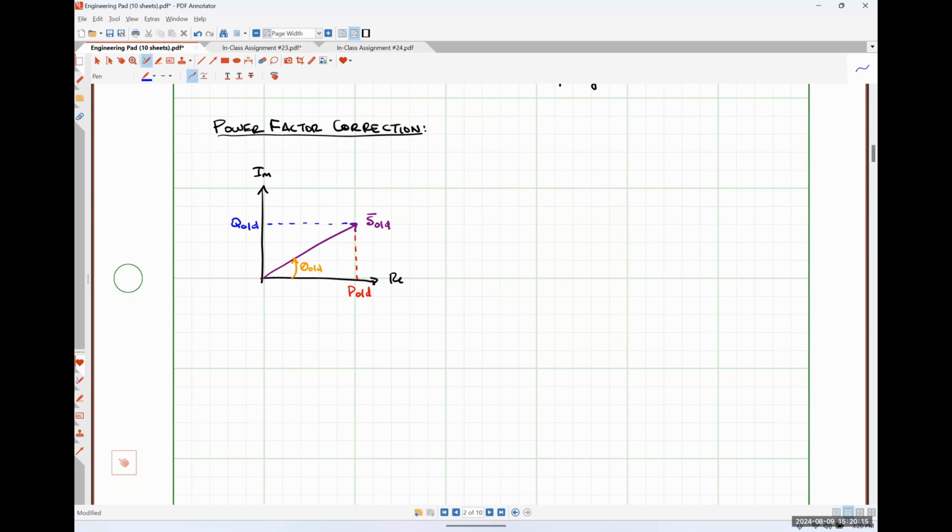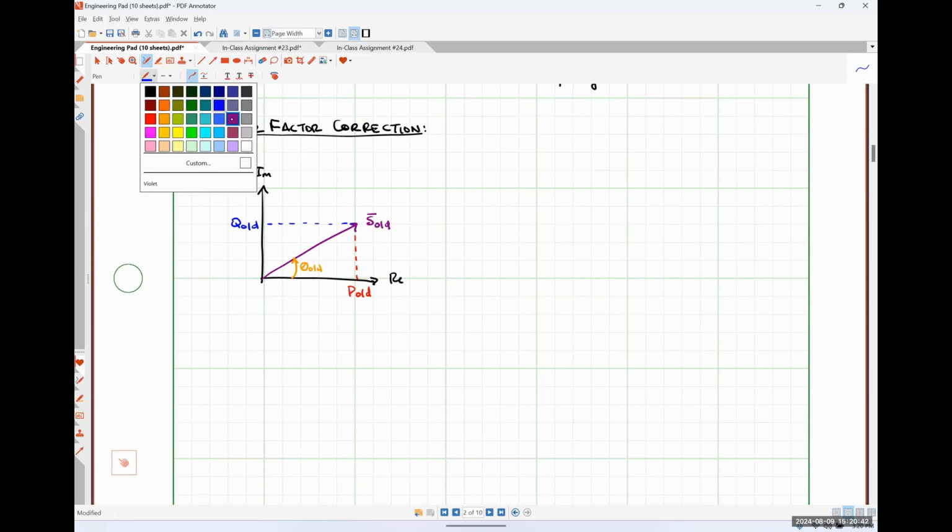So I need to make that angle smaller. So in order to do that, what I need to do is effectively inject or add something into my system that is going to supply VARs. I need to supply VARs because I'm trying to make Q smaller.